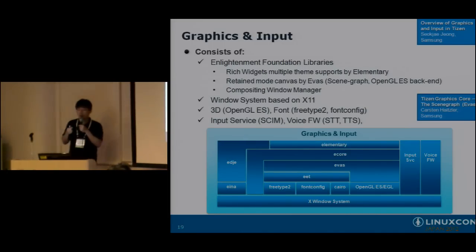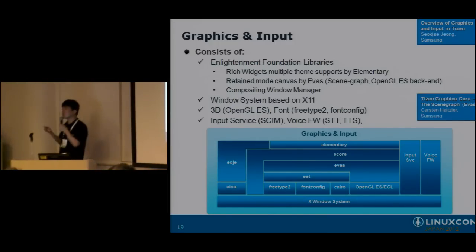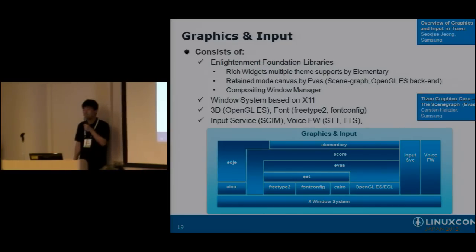And we have 3D graphics libraries, OpenGL ES and EGL. We support OpenGL ES 1.1 as well as 2.0, and EGL 1.4 is supported. And we have the font library FreeType 2, and Fontconfig is used for configuring your fonts on the device.